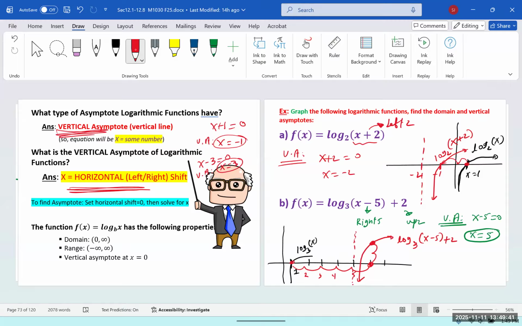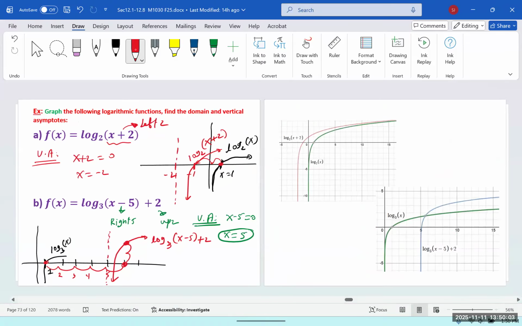So exponential takes horizontal, and log takes vertical. So all you have to do is remember one of them. If you can remember one of them, the other one is opposite. So whatever is easier for you, remember the asymptote for that. And these are the actual pictures.